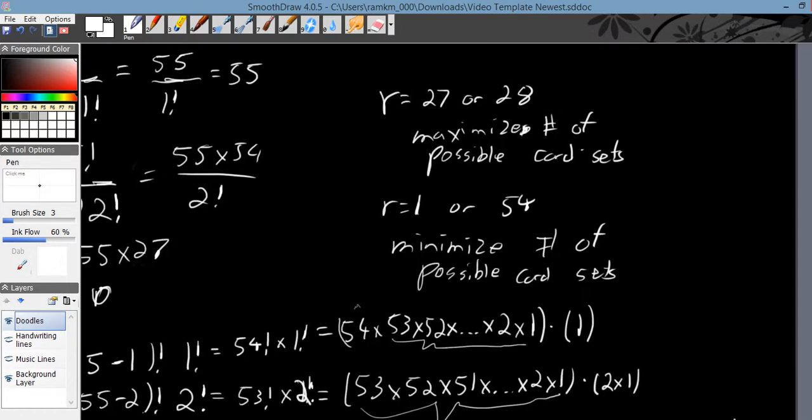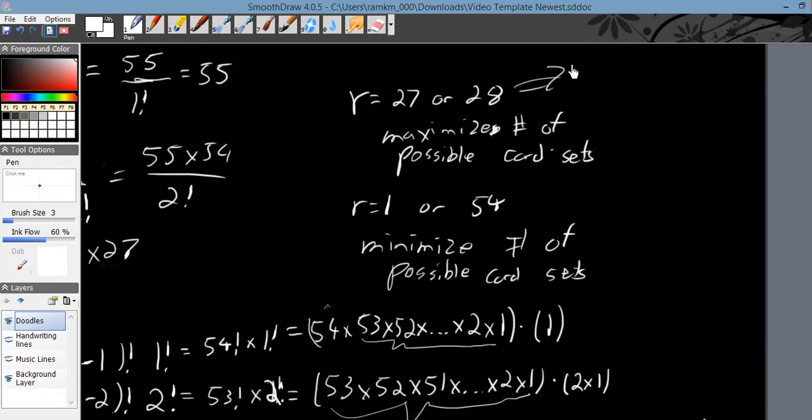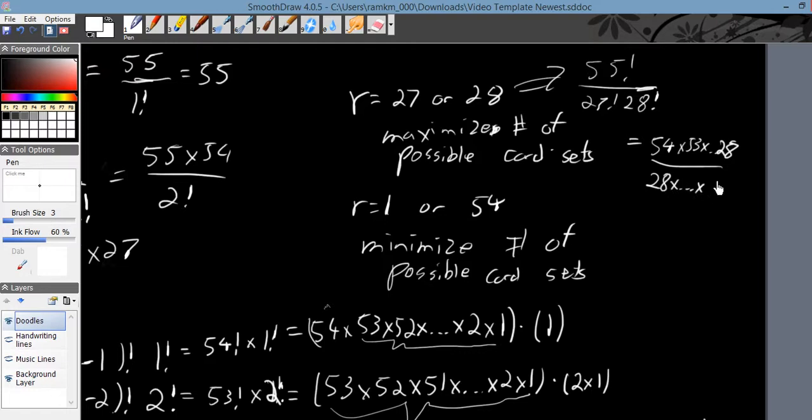And if you want to know the exact number of ways, this is going to be given by 55 factorial over 27 factorial times 28 factorial. And this is basically 54 times 53 and so on until 28, divided by 28 and so on until 1.